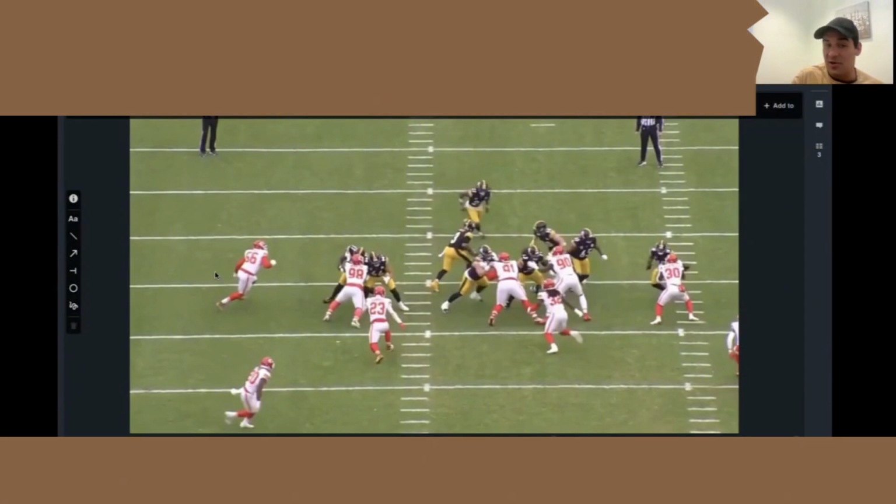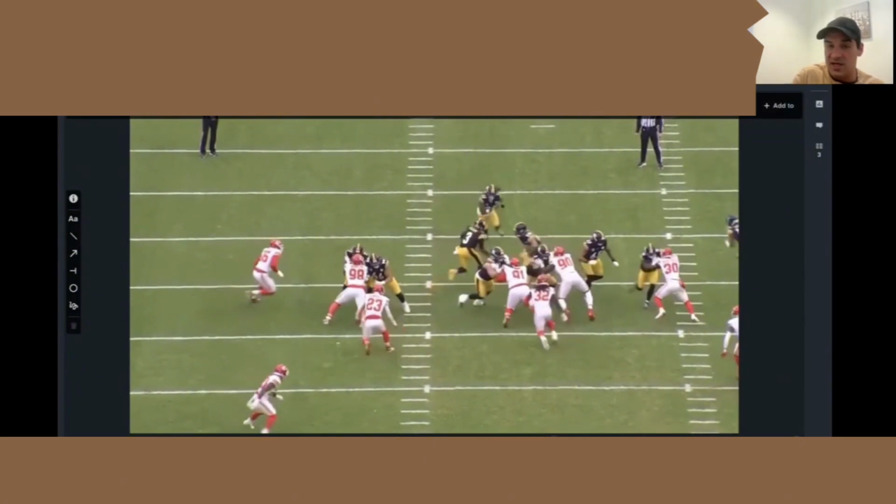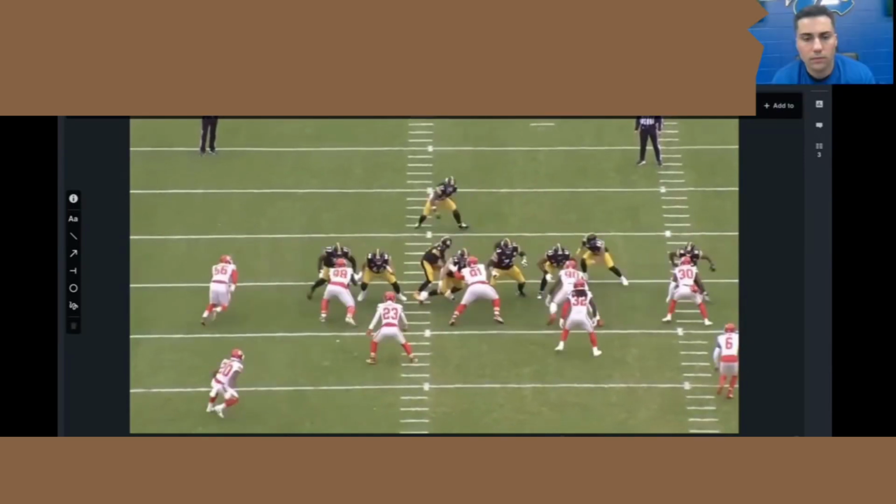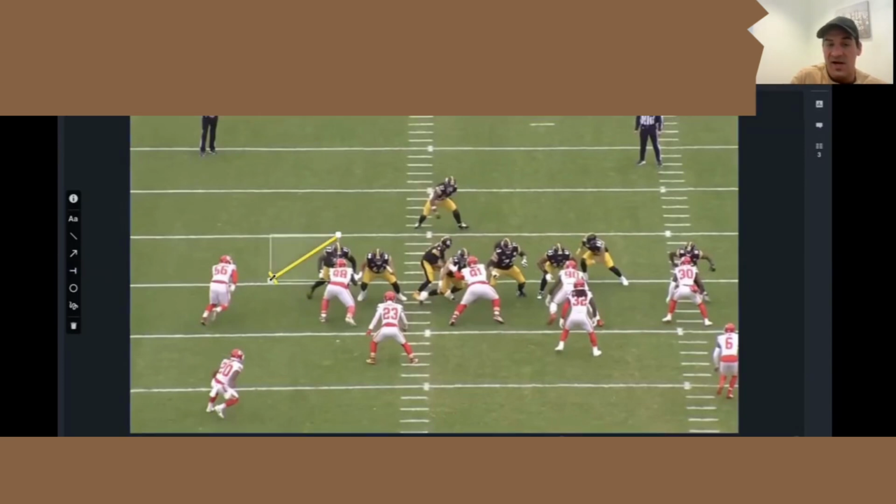Tranquil's goes from here to out here because the tight end's going to create a new gap when he makes contact with Karlaftis out here. So right now, he's either got this gap if the back goes this way and there's no contradiction, or if the tight end comes across, he's got to get out here where Karlaftis is, because when this tight end inserts over here, right there, he's going to create a new gap.